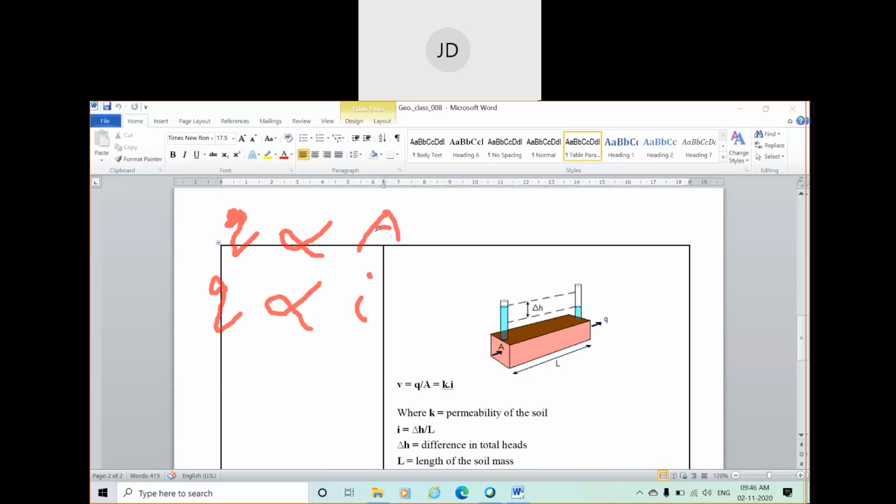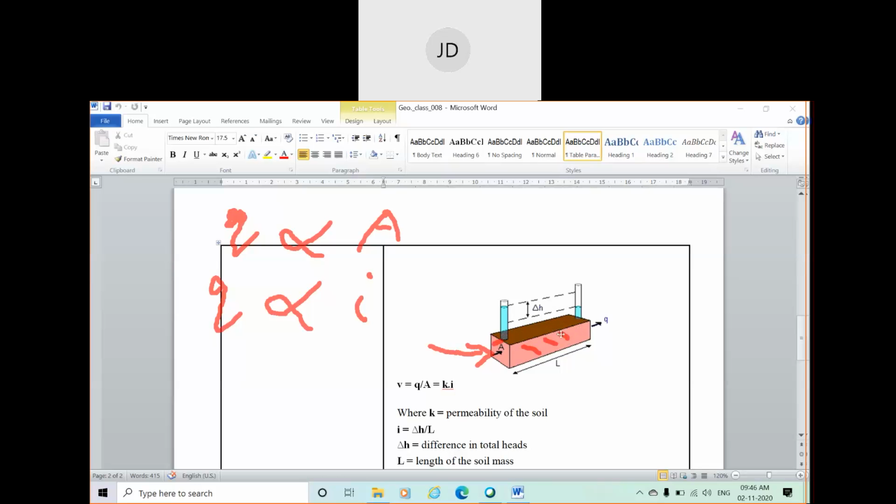Also remember here, this rate of discharge is proportional to the cross-sectional area of the soil perpendicular to the flow. That means if water is flowing in this direction, you should not consider this area. You should consider this area, because this area is perpendicular to the flow, and the other cross-sectional area is along the flow.